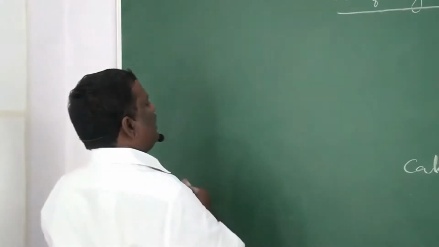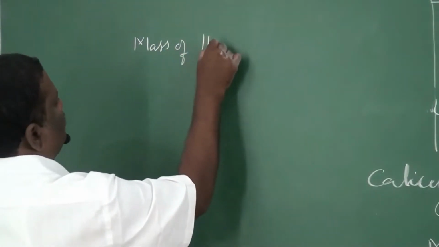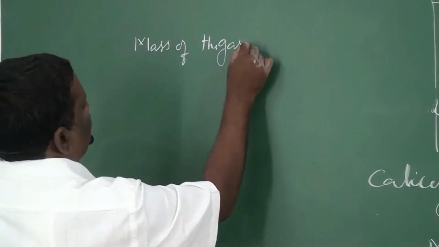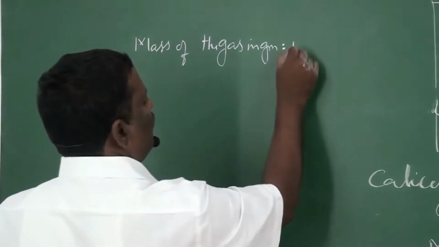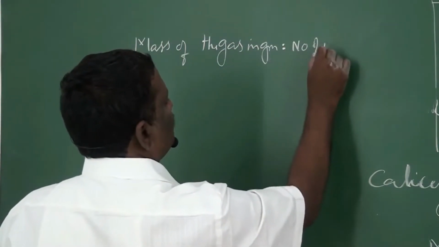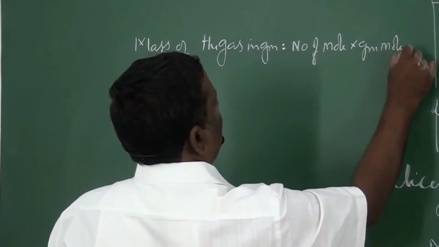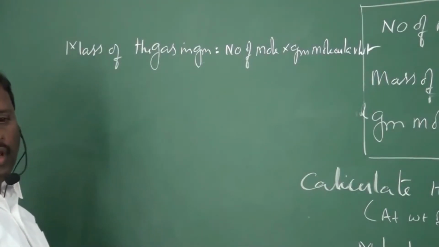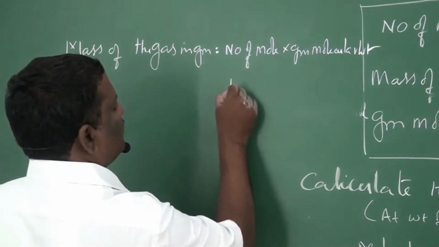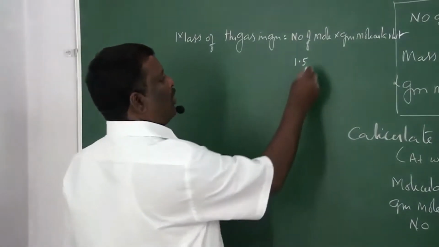So mass of the gas in grams is equal to number of moles into gram molecular weight. Here the number of moles is 1.5, and gram molecular weight is 100 grams.